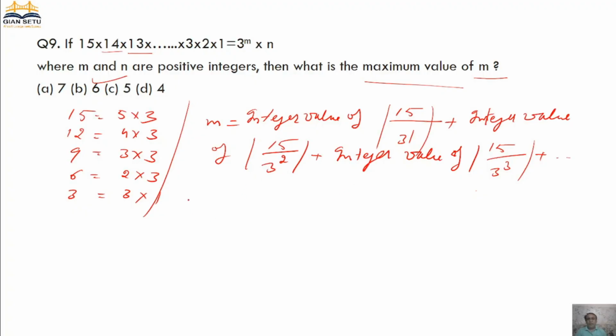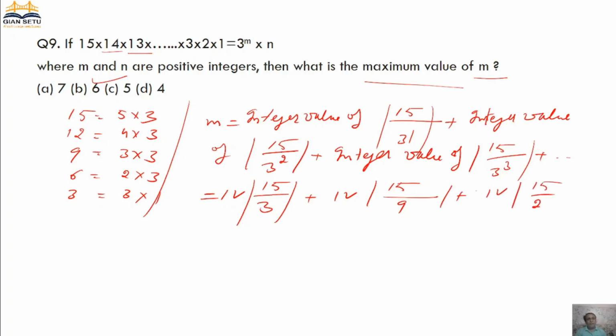Right? Now let's see, the integer value when 15 is divided by 3, plus the integer value when 15 is divided by 9, and the integer value when 15 is divided by 27.